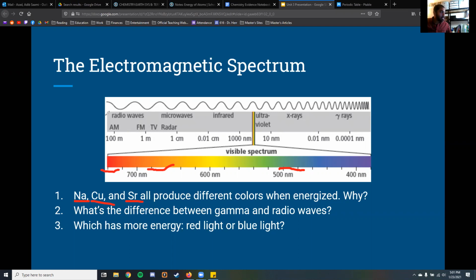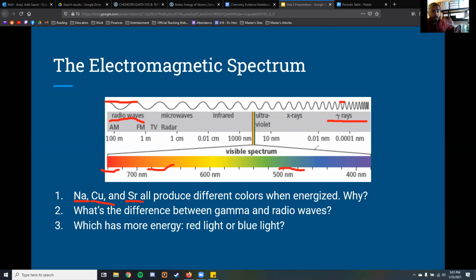And so if we're looking at gamma rays and radio waves, gamma rays are over here, radio waves are over here. I said X-rays accidentally, I just meant radio waves. If we look at the difference between these two, going from peak to peak, radio waves are really, really big. Gamma rays, however, are very, very small. Gamma rays pack quite a punch.